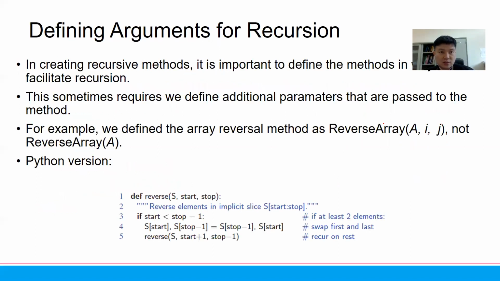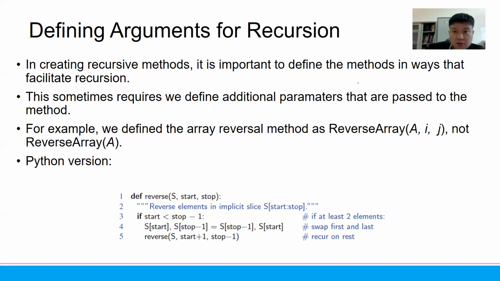So this is the code. If you want to check it, I already gave you the code in Python, using the recursive method. It's important to define the methods in ways that facilitate recursion. In this case, you don't have a base case.